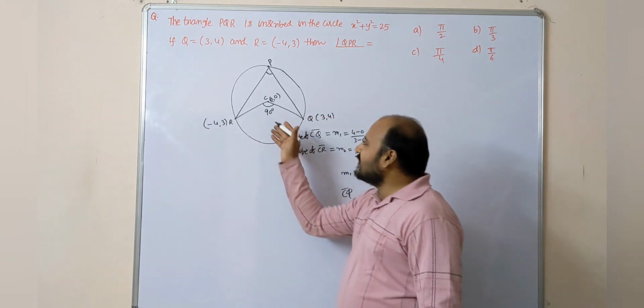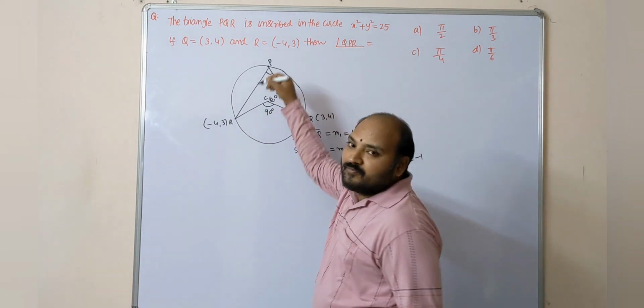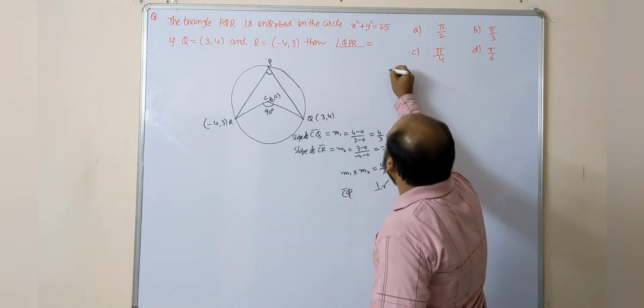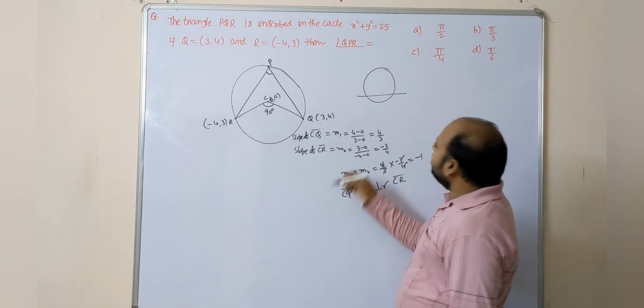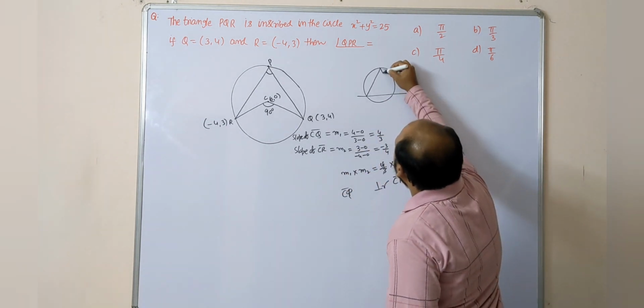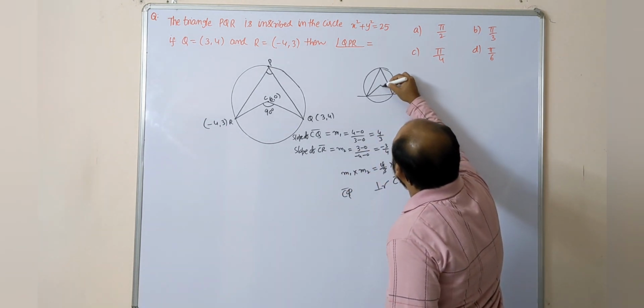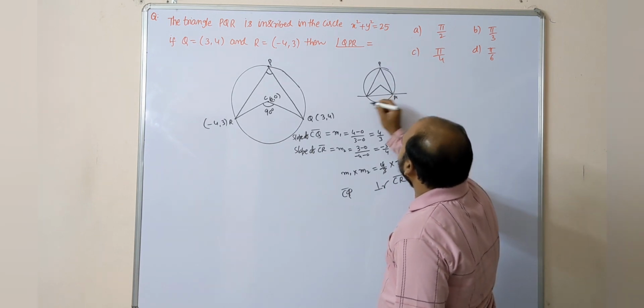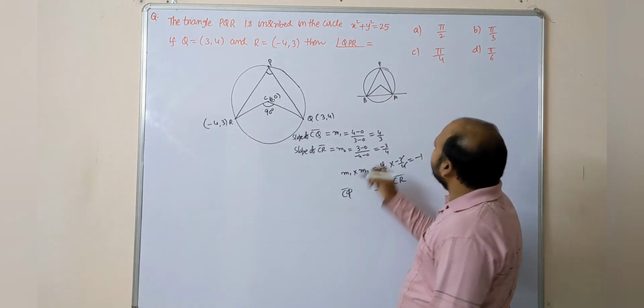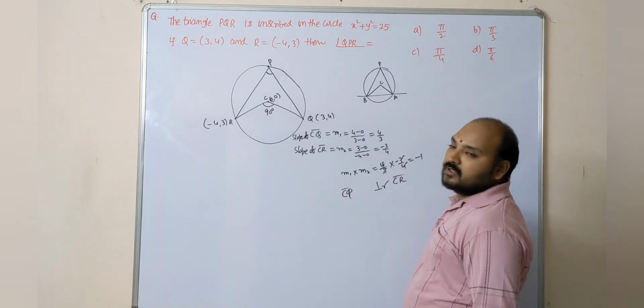But they are not asking this angle, they are asking this angle. In the previous question we discussed that this is the segment. One of the properties: this is chord AB, this is the center.